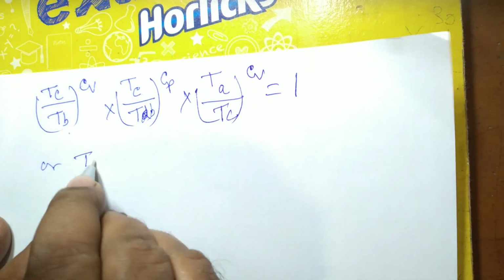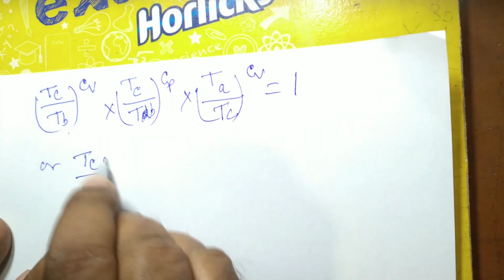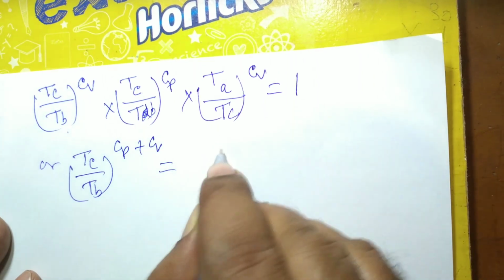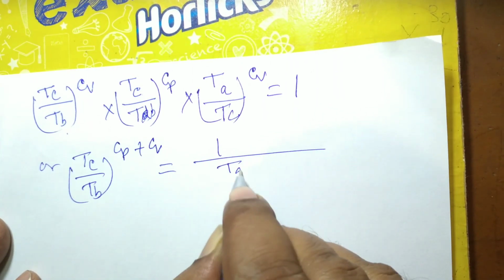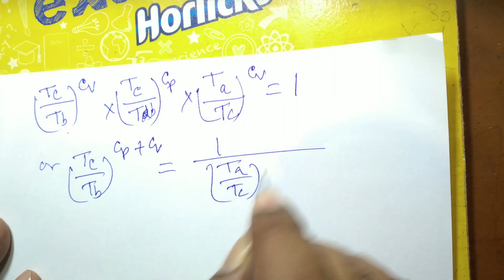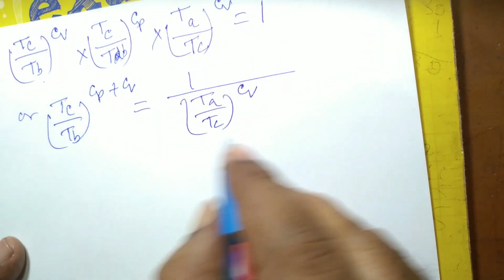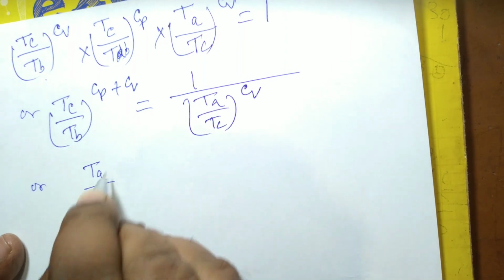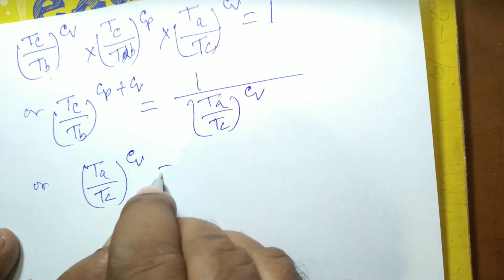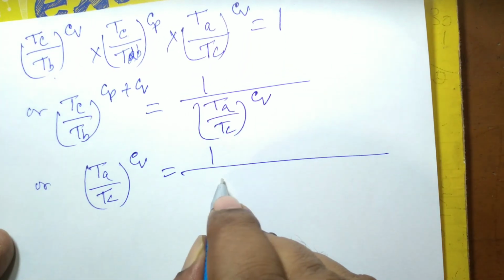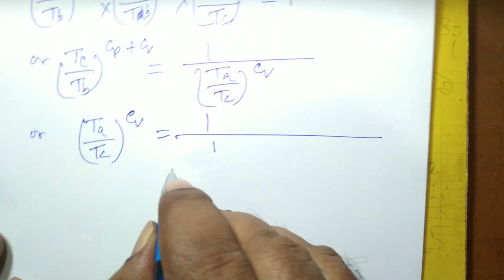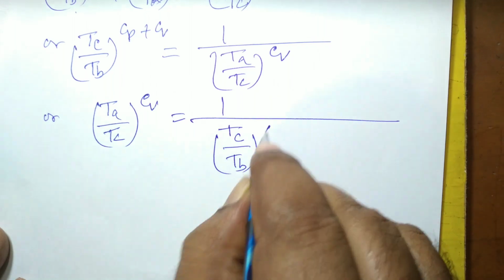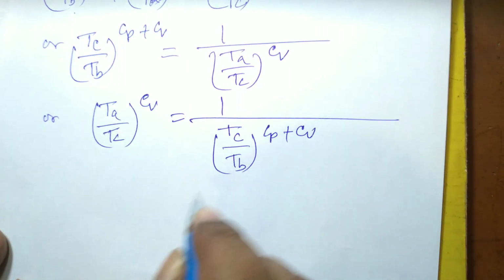Or I can say (Tc by Tb) to the power Cp plus Cb is equal to 1 divided by (Ta by Tc) to the power Cb. So I can say (Ta by Tc) to the power Cb is equal to 1 divided by (Tc by Tb) to the power Cp plus Cb.